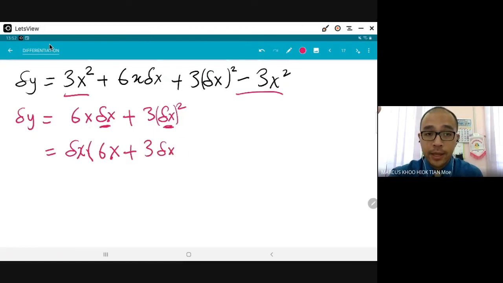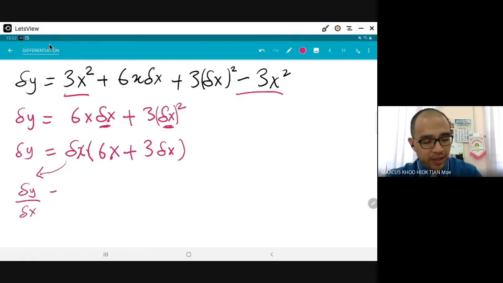Then I can finally bring my del x across, dan saya akan dapat del y over del x equals 6x plus 3 del x.